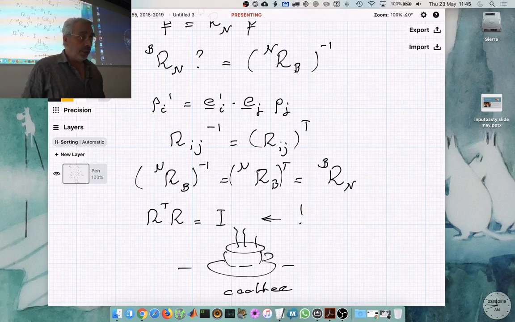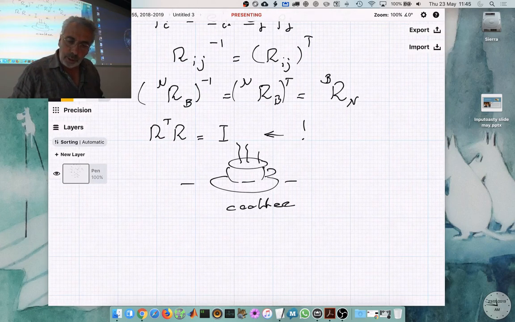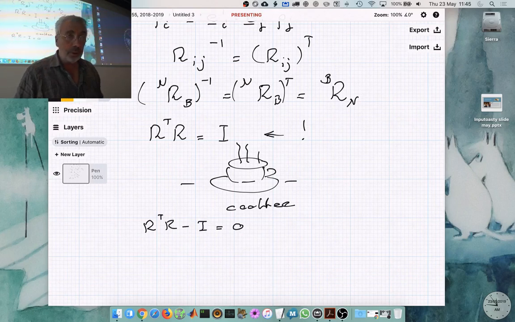That is an interesting thing, because you could also read this as constraint equations, right? I mean, you can read it like, okay, R transpose times R minus the identity is a lot of zeros.